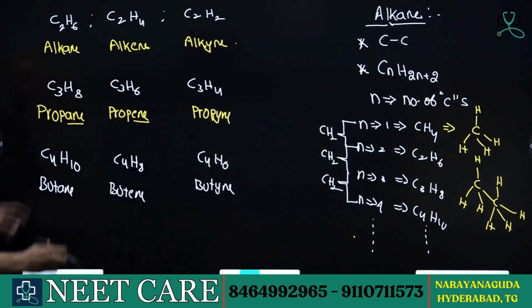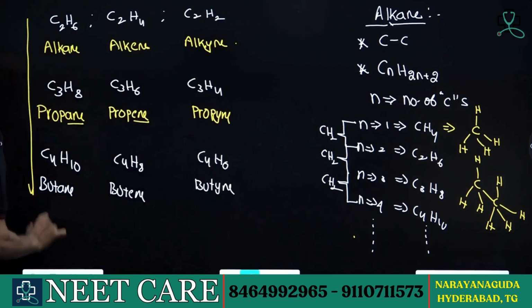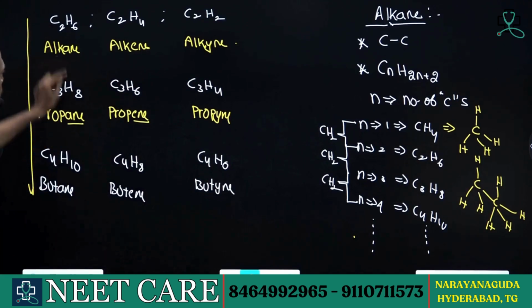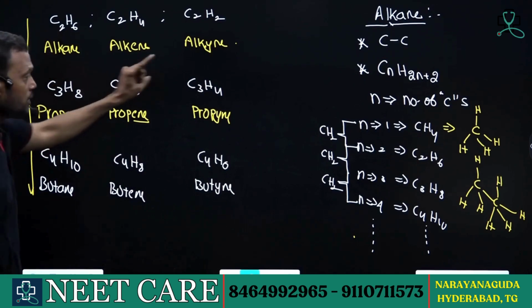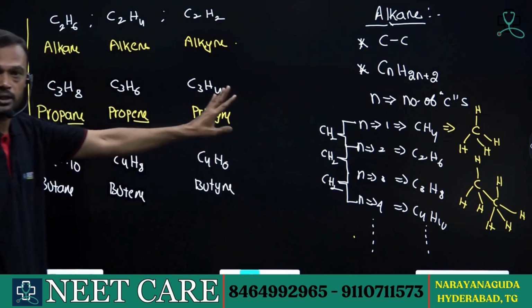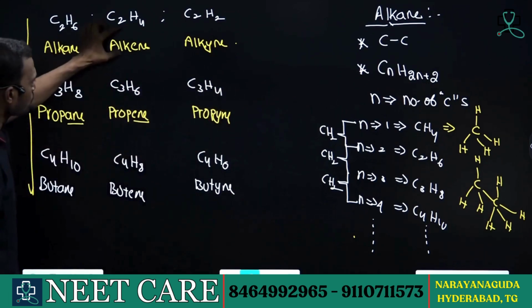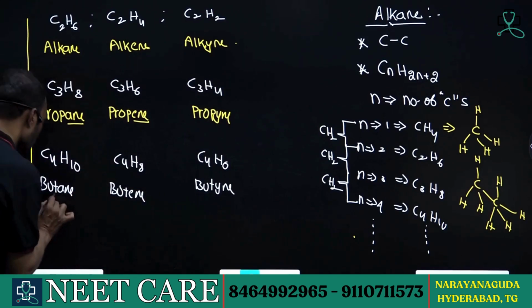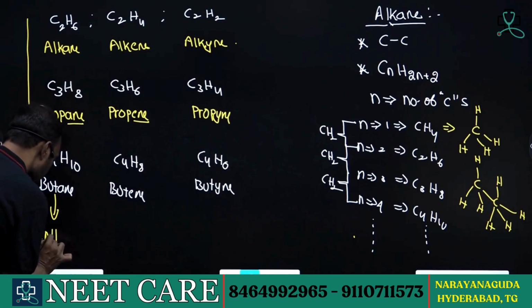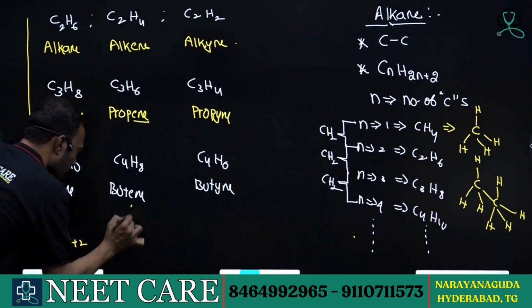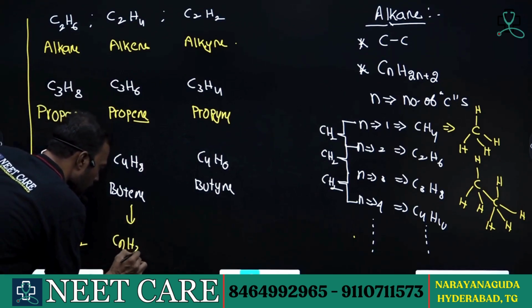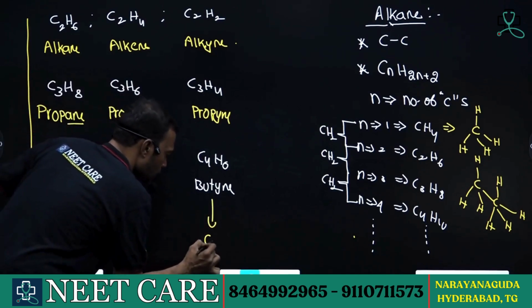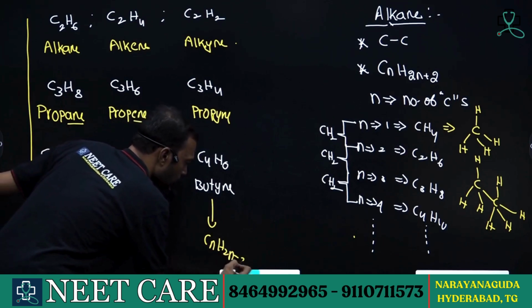If you observe clearly from here to here, the general formula remains the same but differs only in the number of carbons and hydrogens. And here also, what is the difference? CH2, CH2. Here also CH2, CH2. But the general formula of this one is CnH2n+2, in this case it is CnH2n, and in this case the general formula is CnH2n-2.